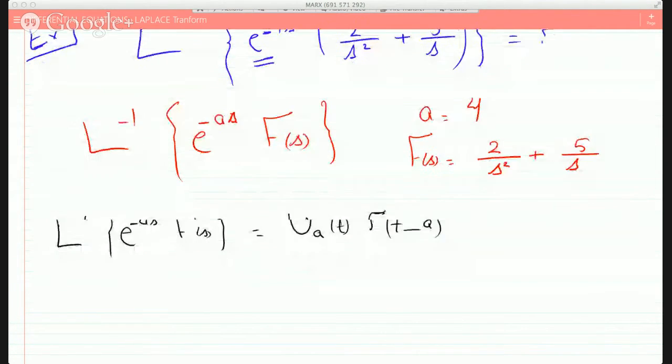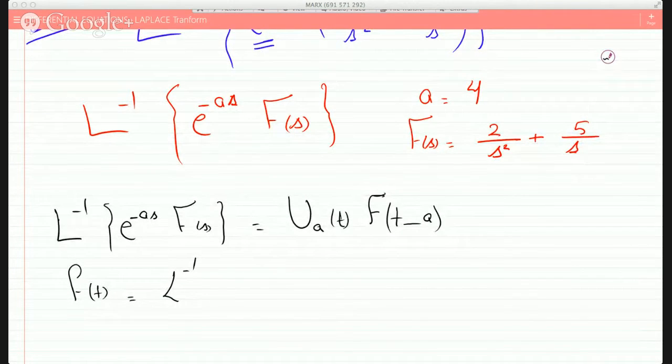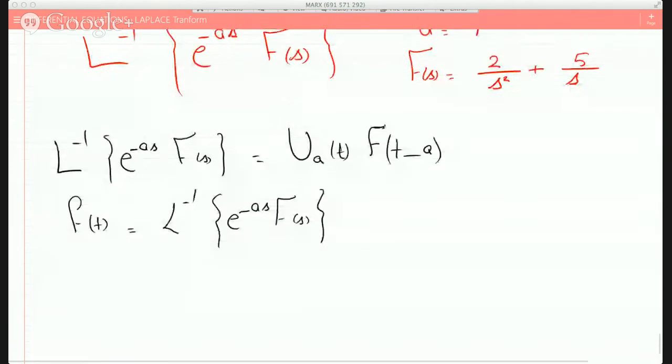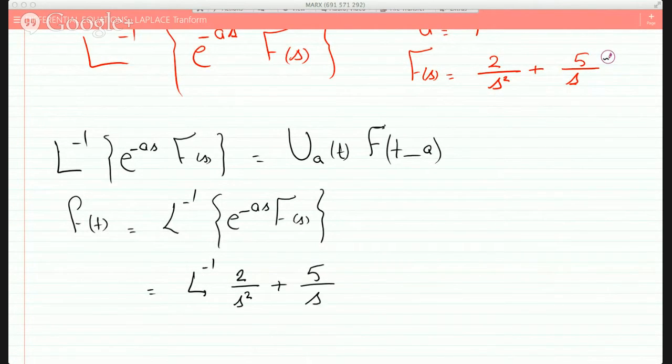Now, what's our f of t? Let me ask you this. It's our inverse Laplace of this here, e to the minus as f of s. Okay? So it's the inverse Laplace of this guy right here, the f of s, 2 over s squared plus 5 over s.